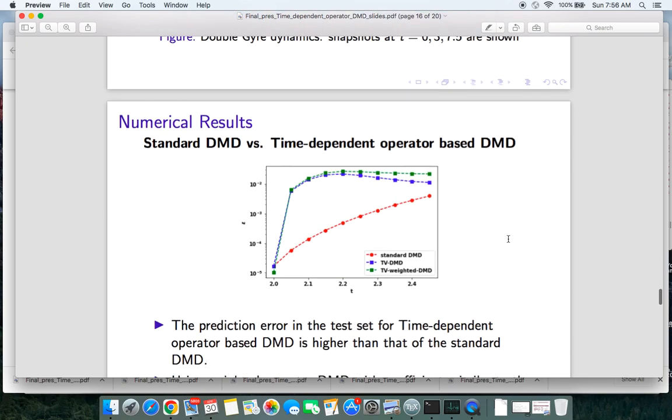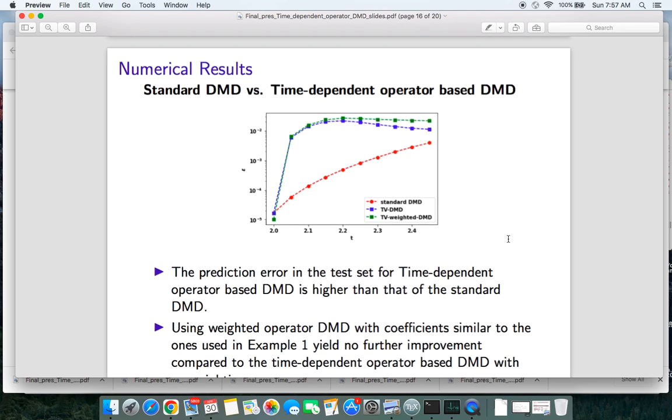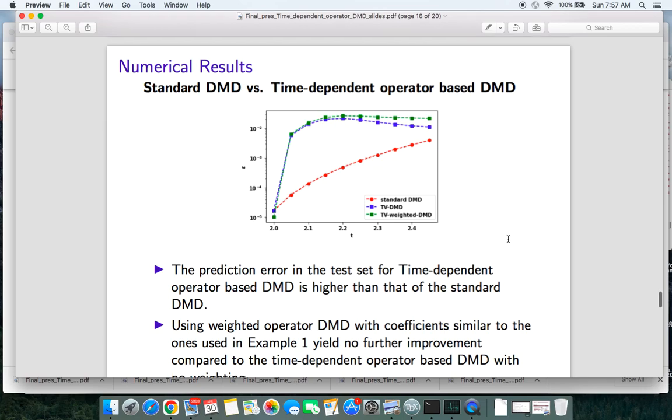Then we apply standard DMD and other variants and compare the performance.